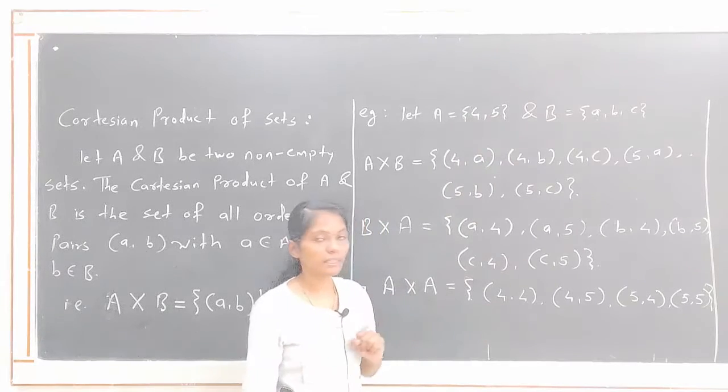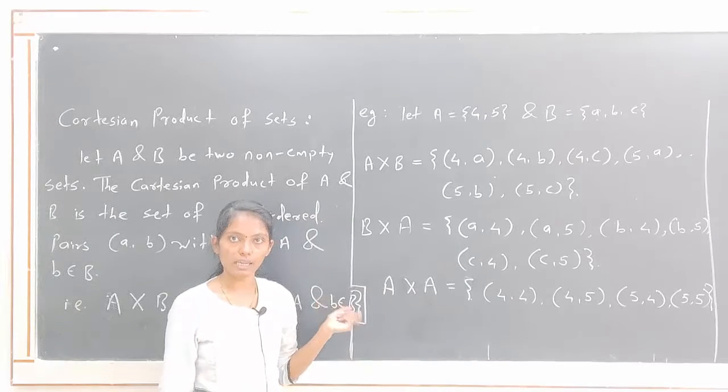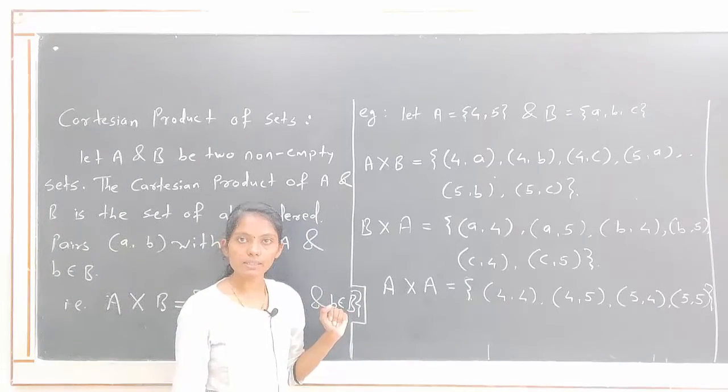Okay, so this is the Cartesian product A cross A, of set A with A. All of you get this?